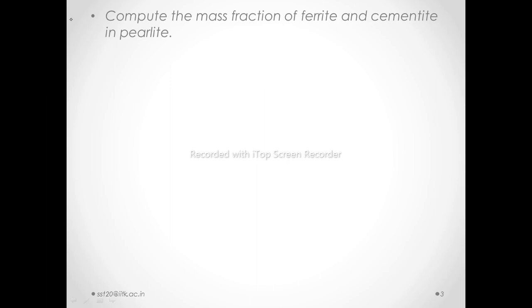Let's start with the first problem: compute the mass fraction of alpha ferrite and cementite in pearlite. Before that, we will draw the diagram. Sorry, this is not a straight line.